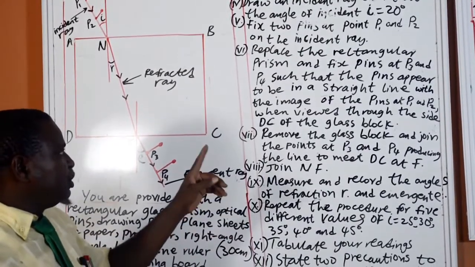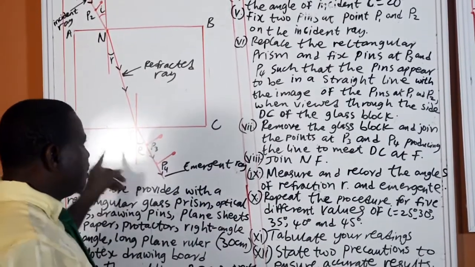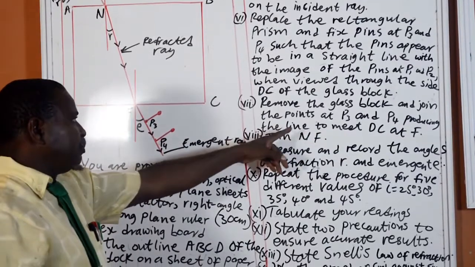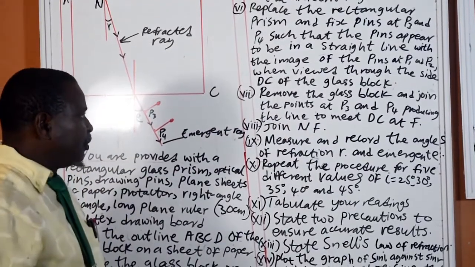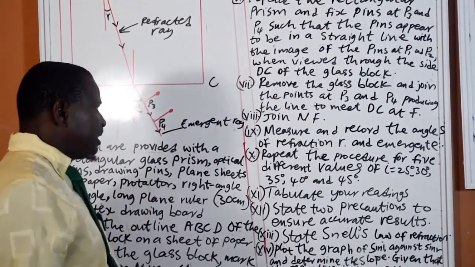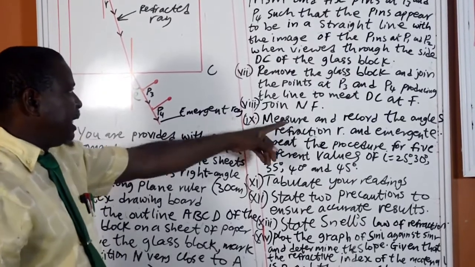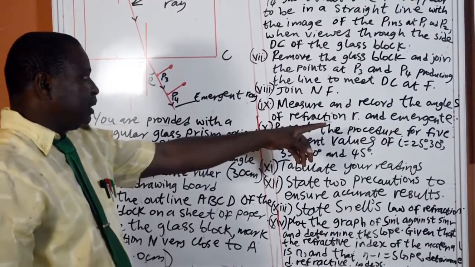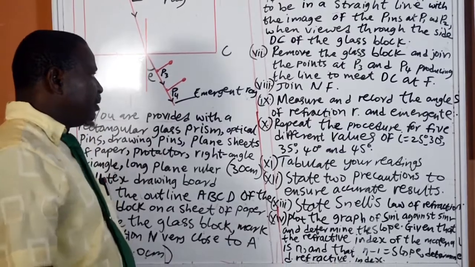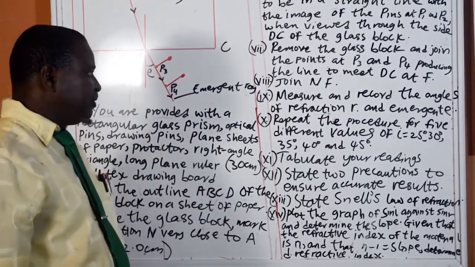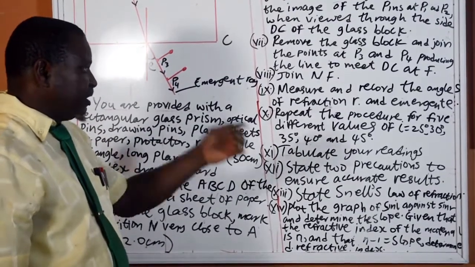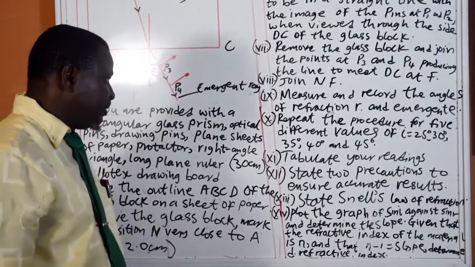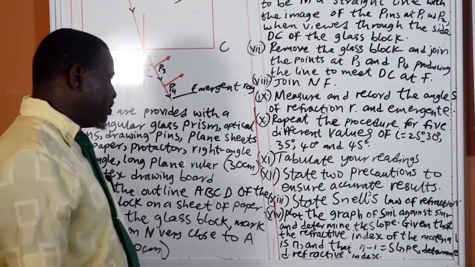When fixed, looking through the side DC of the glass block, remove the glass block and join the points P3 and P4, producing the line to meet DC at F. Join NF. Measure and record the angles of refraction R and emergent E. 10. Repeat the procedure for 5 different values of I equal to 25 degree, 30 degree, 35 degree, 40 degree, and 45 degree. Tabulate your readings.